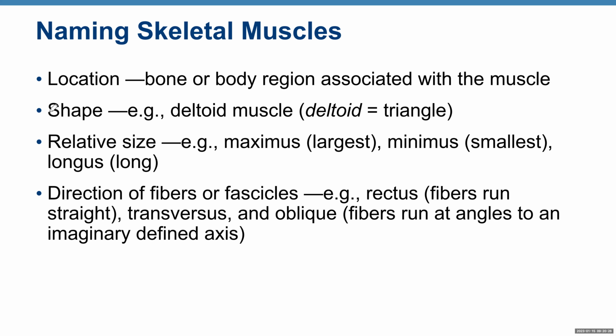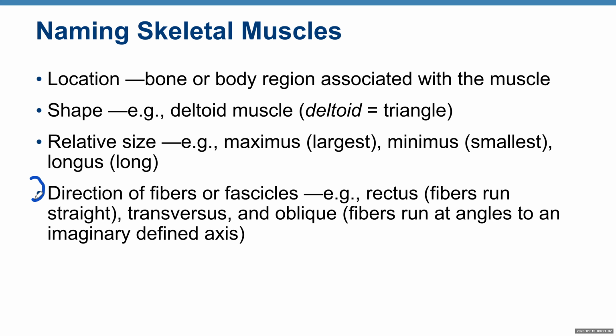We name by shape. For example, deltoid muscle: deltoid is a triangle. Trapezius, the shape of a trapezoid. By relative size: maximus, largest; minimus, smallest; longus, long. Flexor digitorum longus, gluteus maximus. Those are some examples.